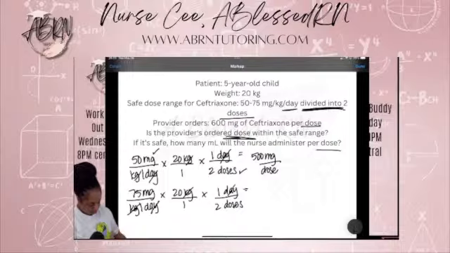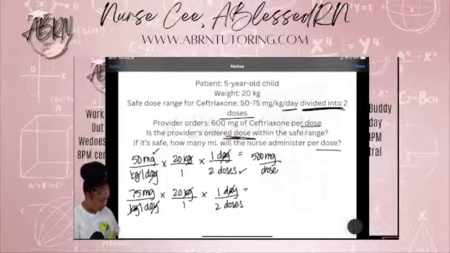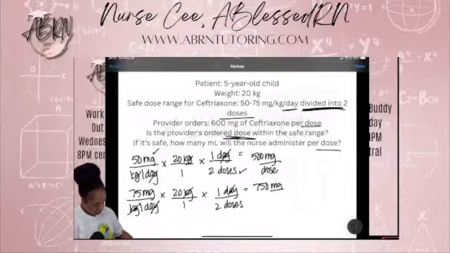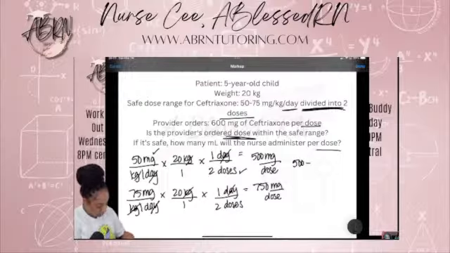Days crosses out. Now you got milligram per dose. So we'll do 75 times 20 divided by 2. And that's 750 milligrams per dose. Okay. So now we've got our range, which is 500 to 750 milligrams in 1 dose.